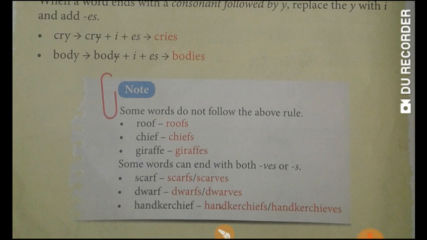So its plural may be scarfs, just by adding s, or we can add ves by removing f. So it will be scarves. Similarly, dwarf, its plural may be dwarfs or dwarves. So both are correct.